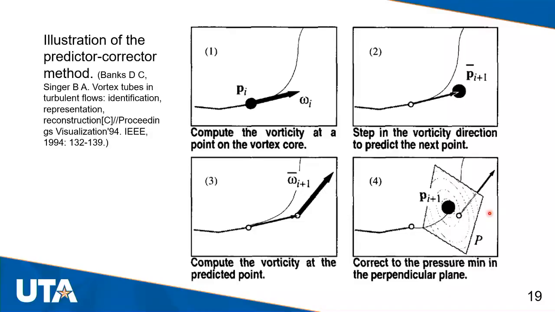So how does this predict and correct method combine the advantages of two types of lines? Look at the first step. The first step is actually doing the thing of the Liutex line. We find a point and we go along the direction of Liutex to find the next point.